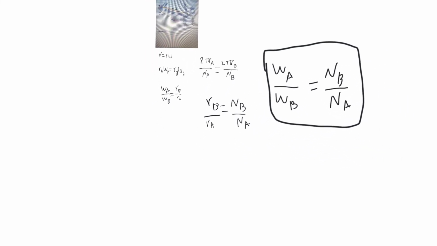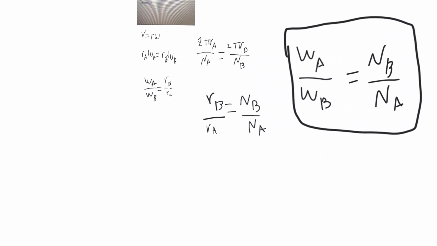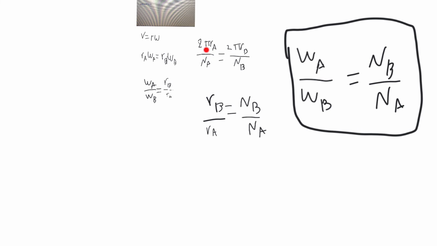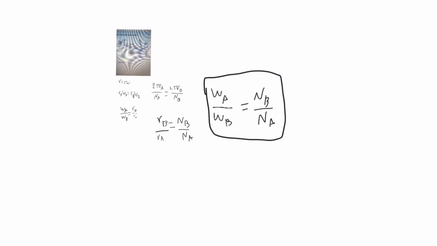Now the 2 pi and the 2 pi cancel out. So now we have the radius of B over the radius of A is equal to the number of teeth of B divided by the number of teeth in gear A.